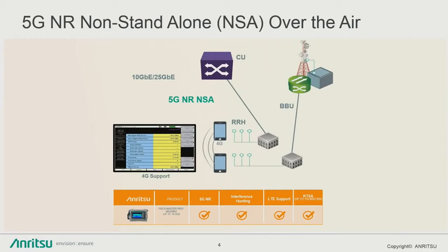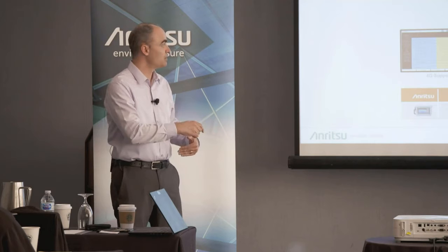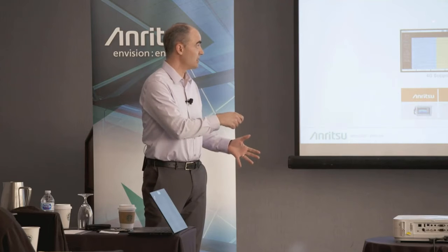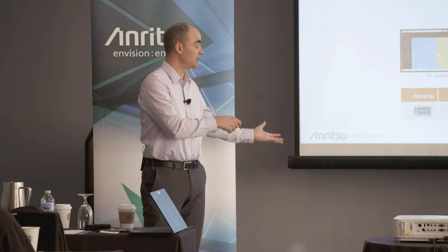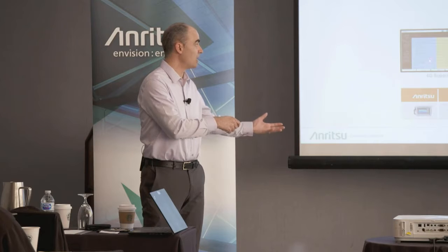But then when we look at non-standalone, right, we need the 4G support. And so as vendors roll out either non-standalone or standalone, there's going to be a potential need to have the 4G support. So if I'm in a particular location and I've got 4G and I'm turning up 5G for just my data backhaul kind of thing, or offload, then I set everything up in 4G.